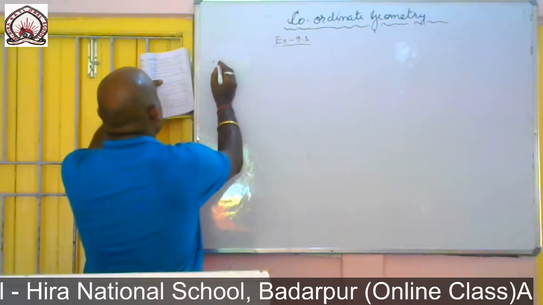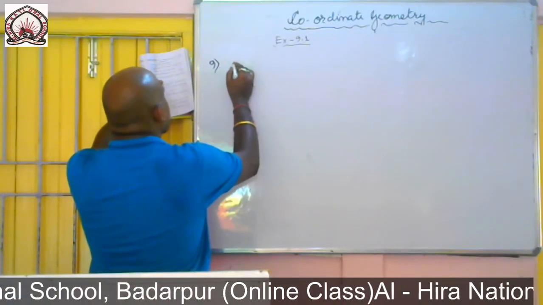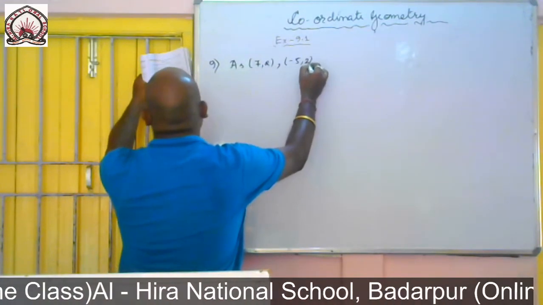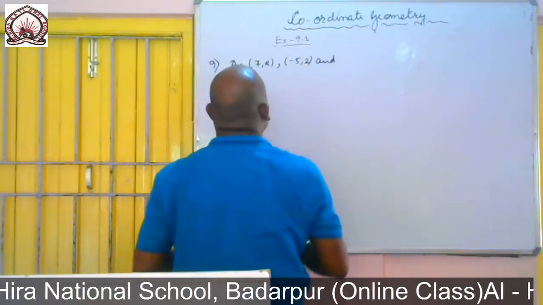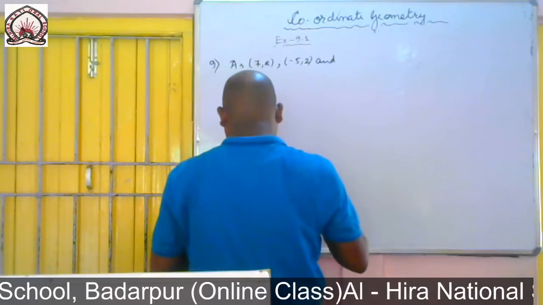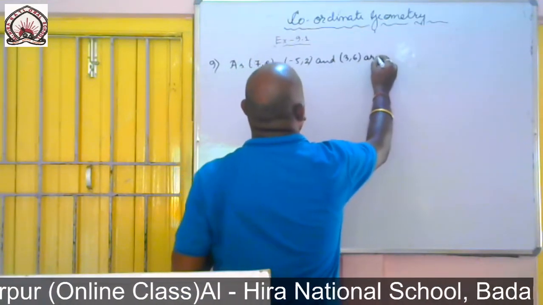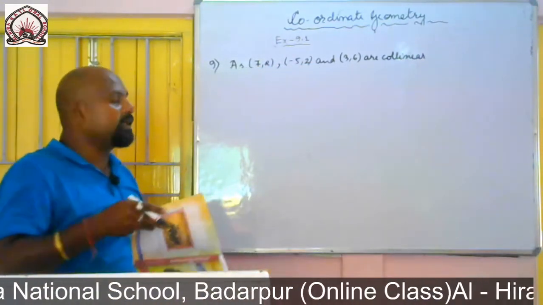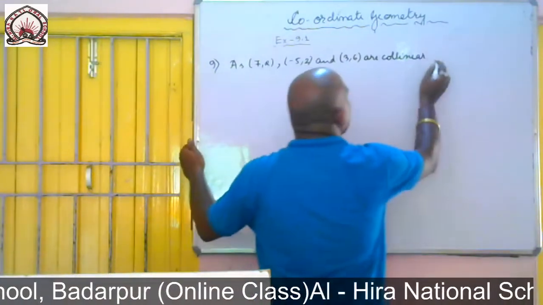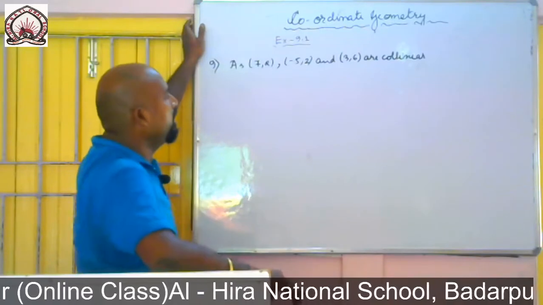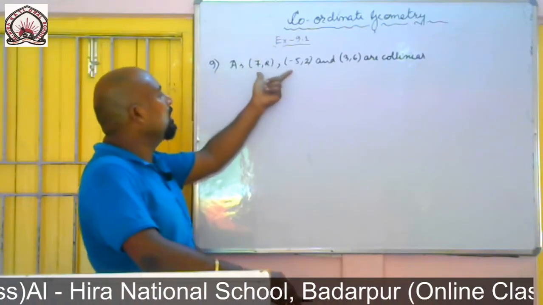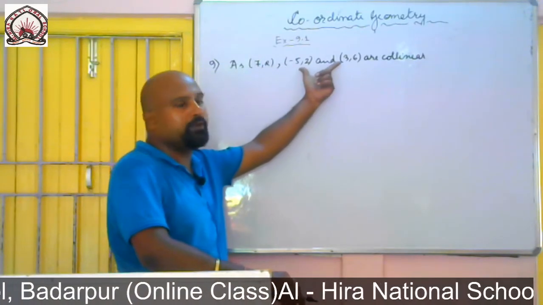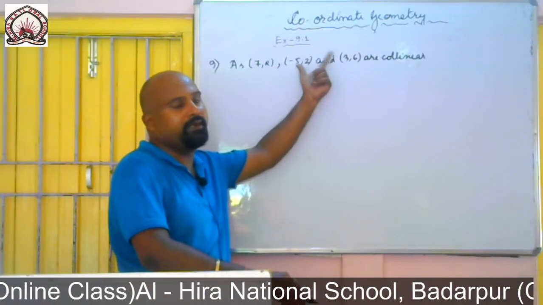As these points are collinear, the gradient between these 2 points and the gradient between these 2 points would be equal.